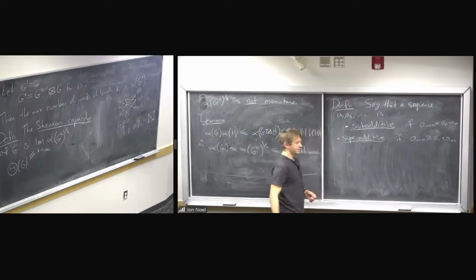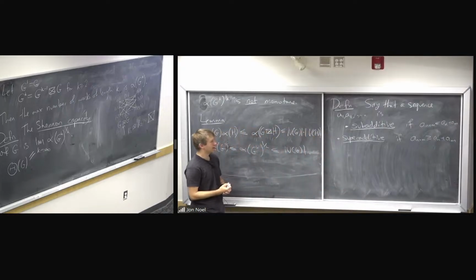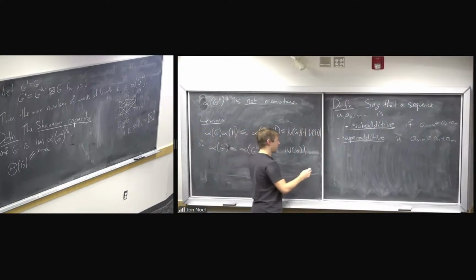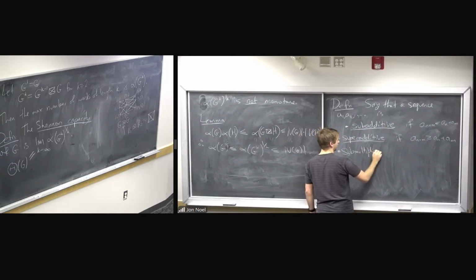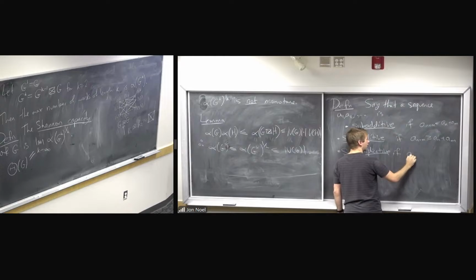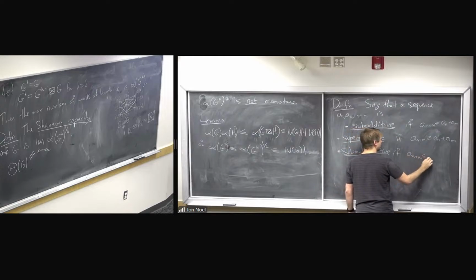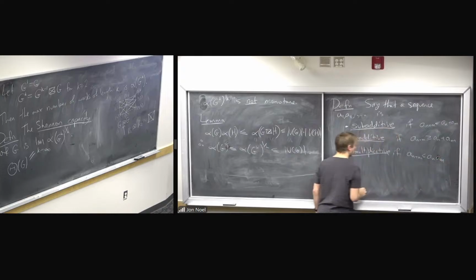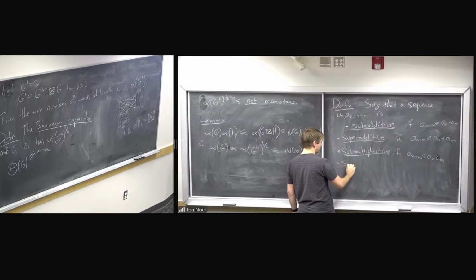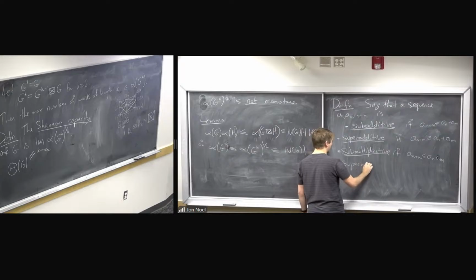Let's say submultiplicative if A_{n+m} is at most A_n times A_m. And then supermultiplicative is basically the same thing, but the inequality goes the other way.